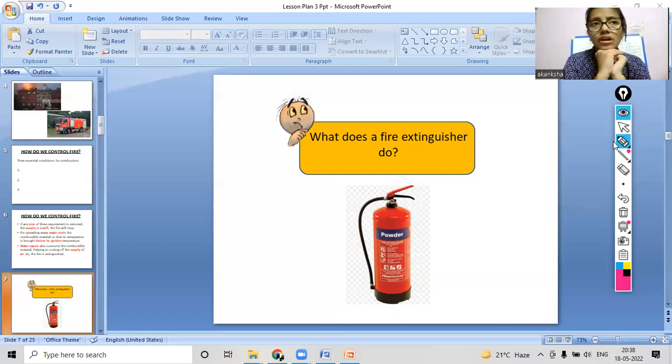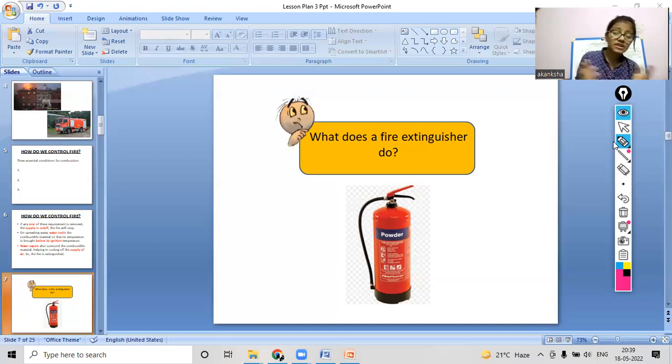So yes, now I think we should discuss it, right? First of all, tell me, where have you seen this fire extinguisher? In which places? Like in petrol pumps, you must have seen it. In schools, also, it is present.